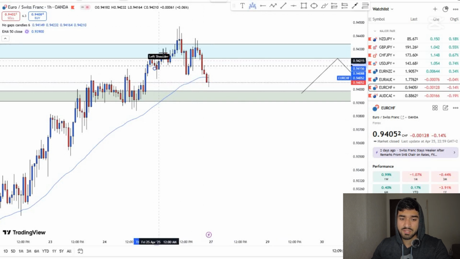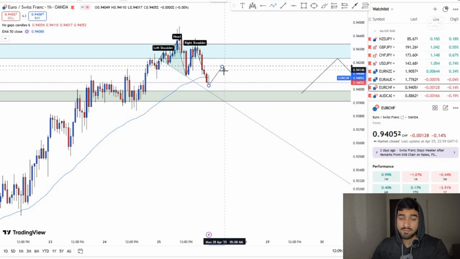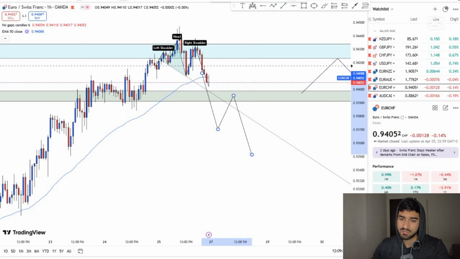In 1 hour, as you guys can see, left shoulder, head, and this was the right shoulder, we broke. So I will wait for this retest and my entry signal if it gives me one. If not, if it has this kind of move to go to the downside, then I will just wait for the retest to go to the downside. So easy, so simple.